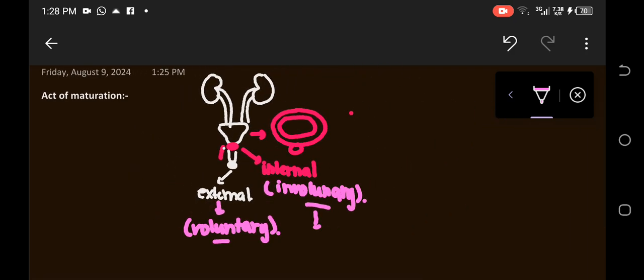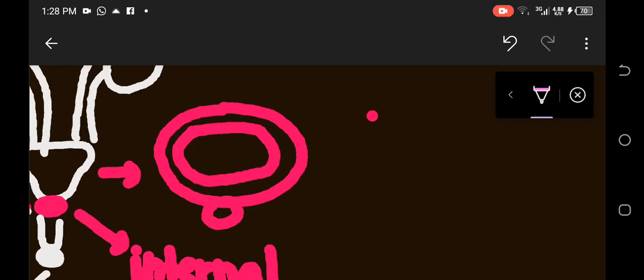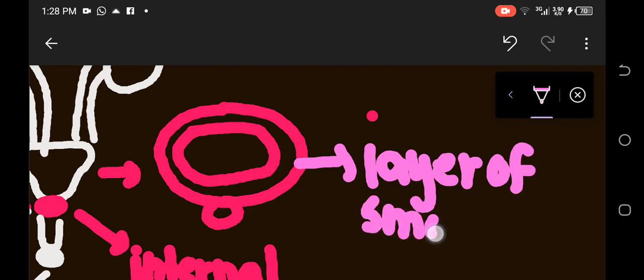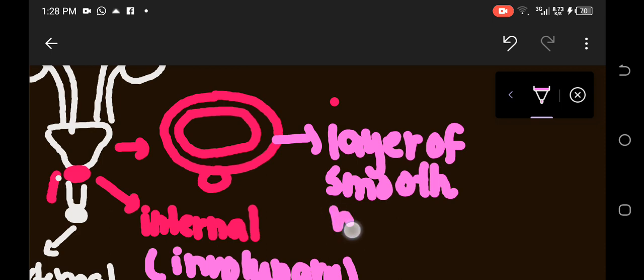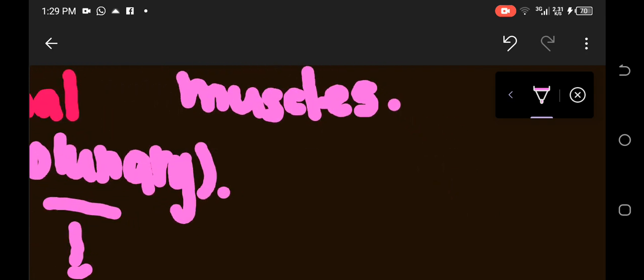Okay. So now here you can see in this urinary bladder, smooth muscles are present. Here we can say this is the layer of smooth muscles, and these smooth muscles, as we know, make up the muscular layer.